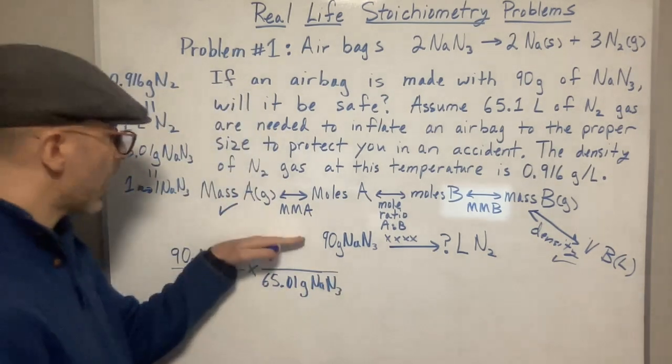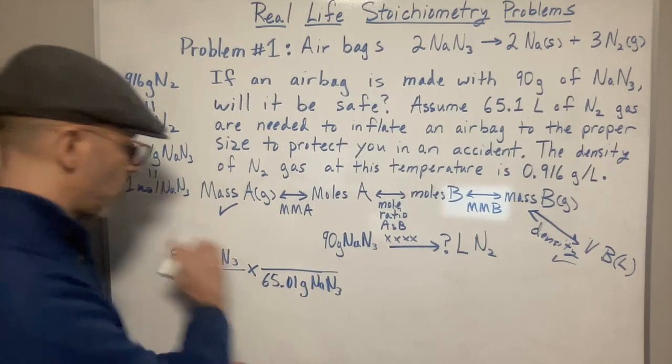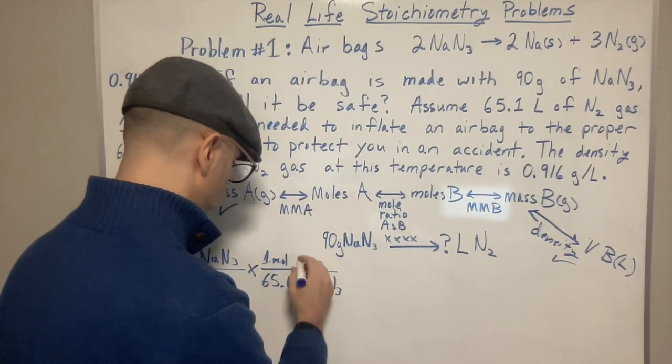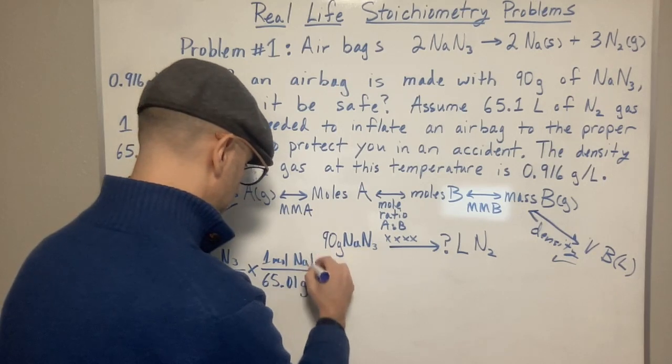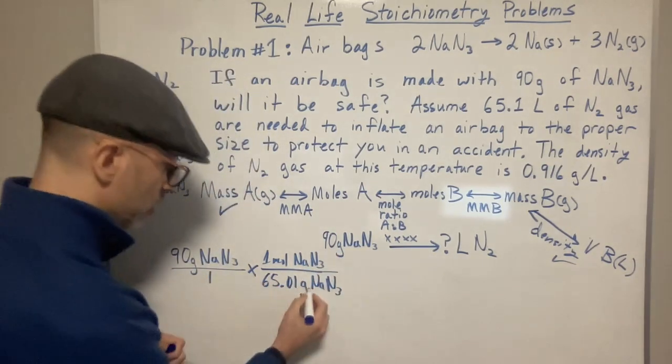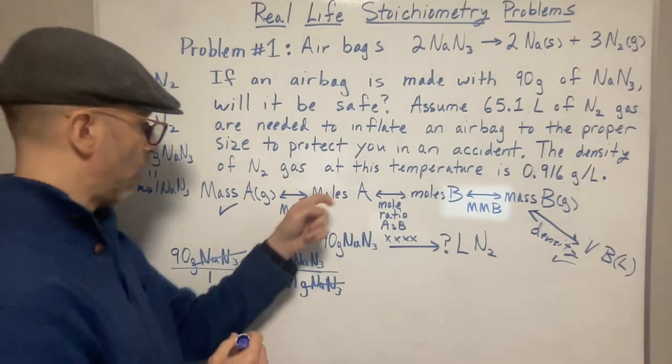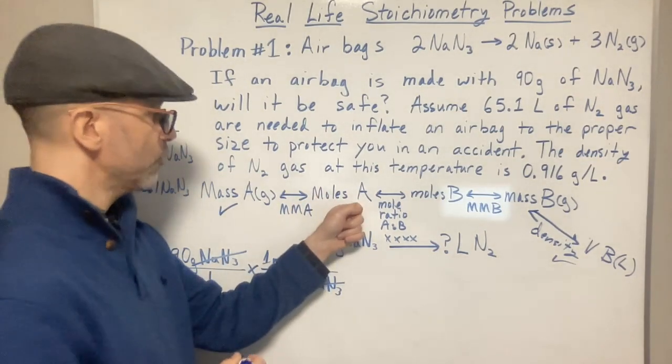And then on the top is going to be the moles, 1 mole of NaN3. So grams cancels out, and now I have moles. So now I'm here, moles of A. So what's my next step?